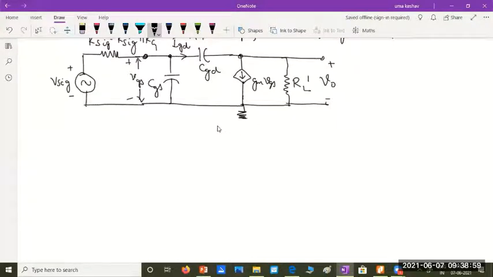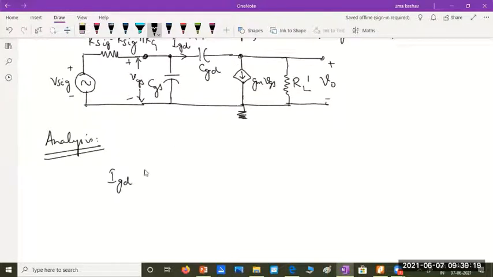In order to find the voltage gain, first let me try to find the value of IGD, this gate to drain current.